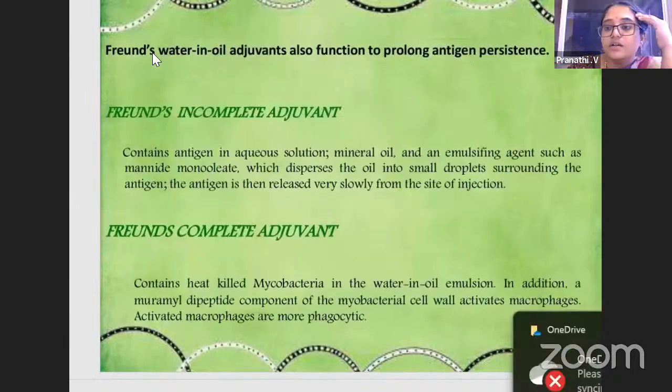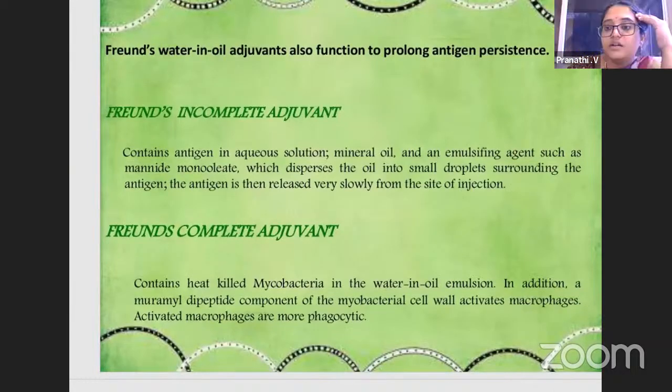Right. So you even have water-in-oil adjuvants, and incomplete and complete adjuvants. Incomplete ones are when you use mineral oil and emulsifying agents such as mannide monooleate. And a complete adjuvant is, for example, heat-killed Mycobacterium tuberculosis in a water and oil emulsion.